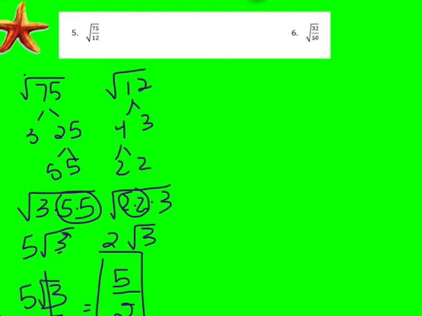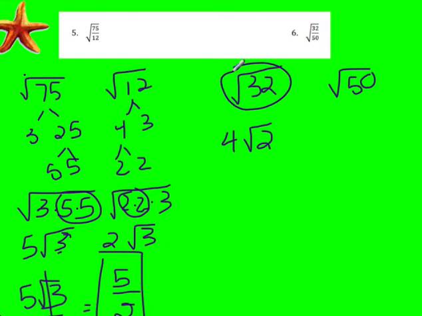So let's go ahead and take a look at dividing 32 by 50. Well, let's start thinking logically, okay? We've done 32 and 50 a dozen times now. So I flipped back and looked at number 2, and when I did 32, I ended up getting 4 square root of 2. So now I'm getting smart and referencing stuff I already did.